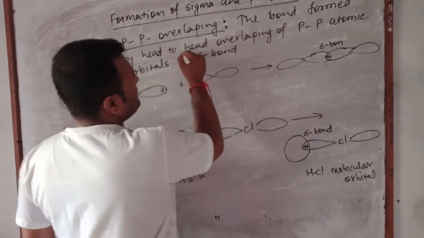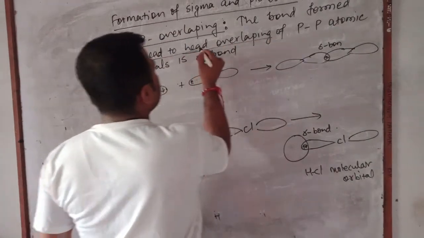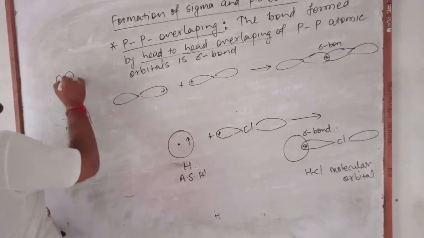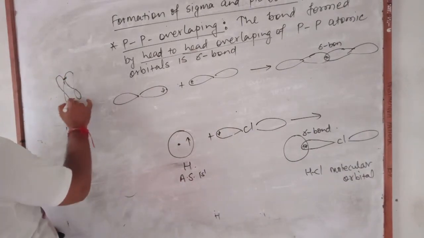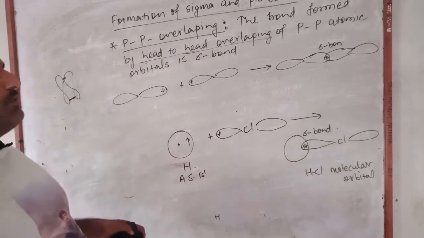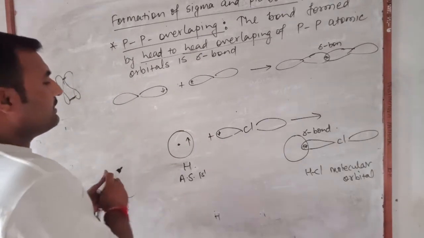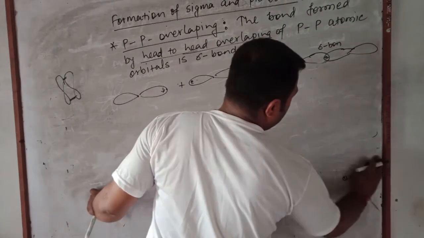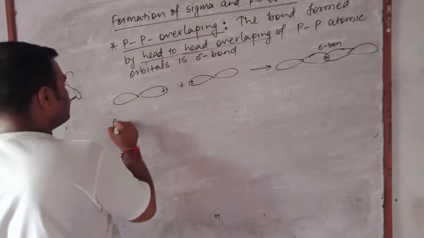Here we should mention that head-to-head overlapping is most essential. When side-by-side overlapping takes place, then it cannot form a sigma bond. It is another type of bond which is known as pi bond. And here we explain about that.